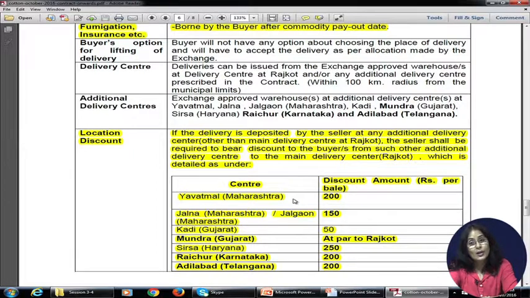They will not get the due date rate amount, that is the spot price calculated on the contract expiry date. They will be getting a lesser amount, a discount amount per bale.